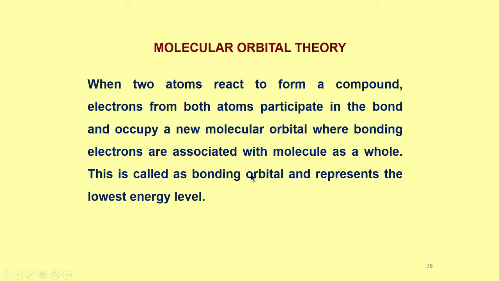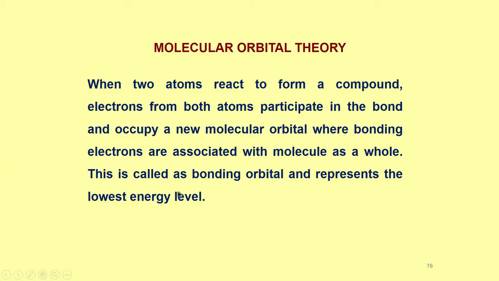So, this is called a bonding orbital, and in bonding orbitals the energy of the molecule is at its lowest level. So, when I excite the molecule, the energy of the electron goes from the lowest to the next higher energy levels. During bonding, most of the molecules are stable at room temperature, that is the bottom line.